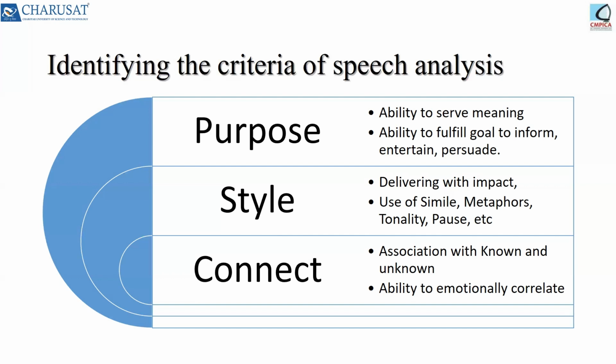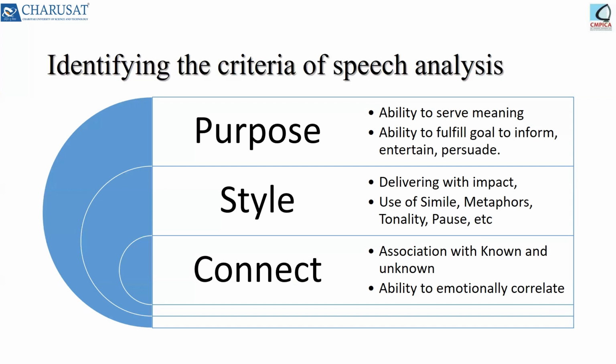And if the purpose is to persuade or entertain, there will be different similes and metaphors used. The tonality will be very different from each other, and there will be pauses which are meaningfully made and not awkwardly paused. So therefore, we need to identify this criteria, right?